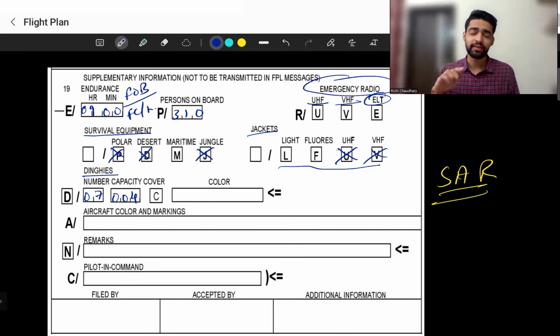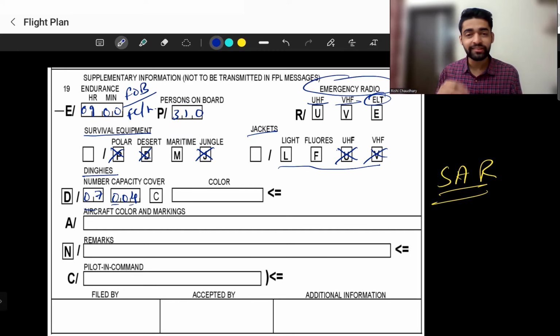I'm assuming that one dinghy will have 4 passengers in it. So I have 7 dinghies and 4 people can sit in one dinghy. So clearly not 310 people can be carried via these dinghies. It would be a larger number, I'm assuming. So I'm just writing for now that this is 07, this is 004.